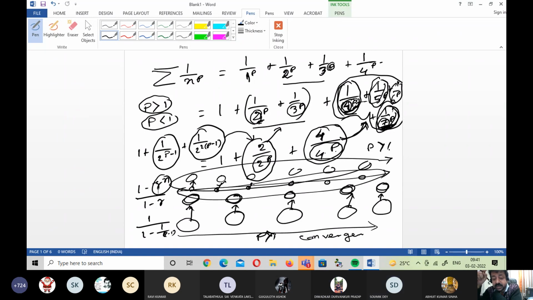Is it confined to take a lower series for convergence? Sir, it is for easy calculation.